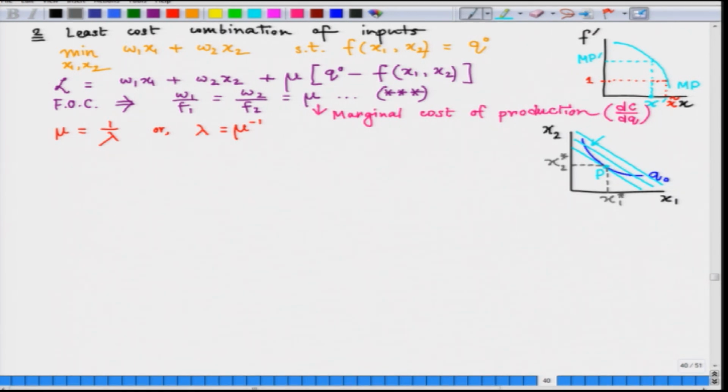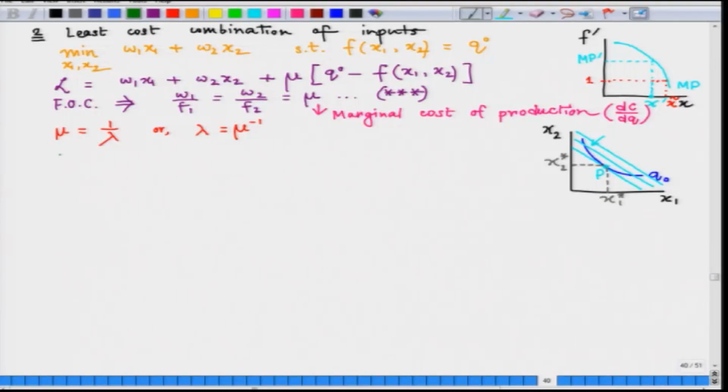So, now let us look at the firm's equilibrium from the graphical analysis and try to match the condition with the first order condition we have derived from the Lagrangian exercise. Here what do we see at equilibrium?